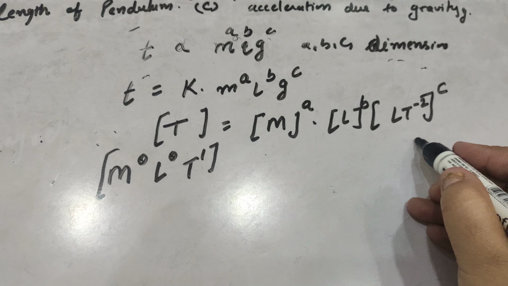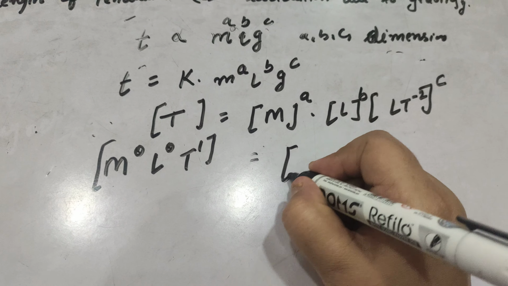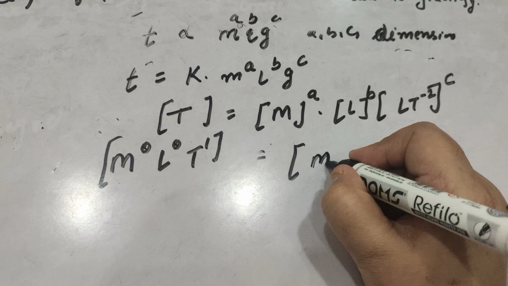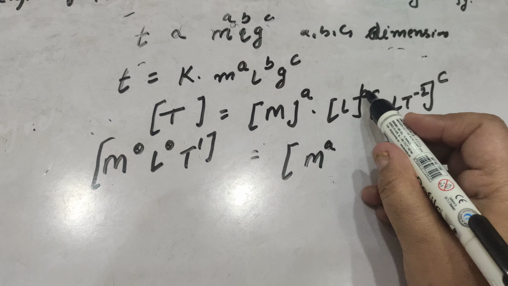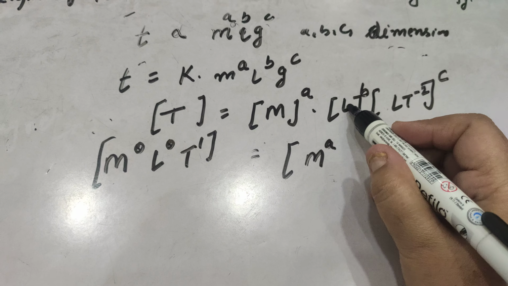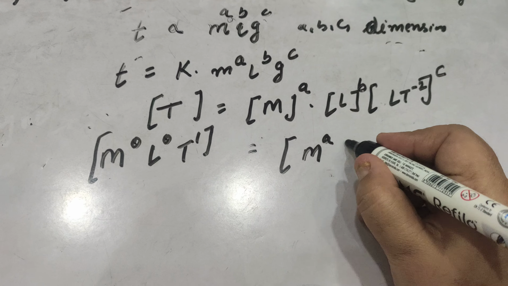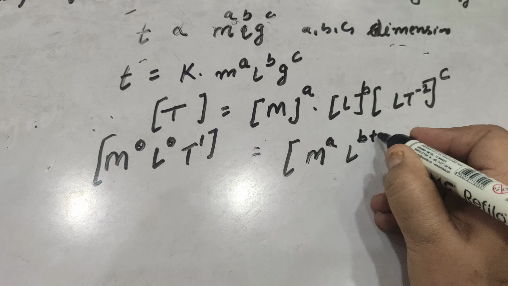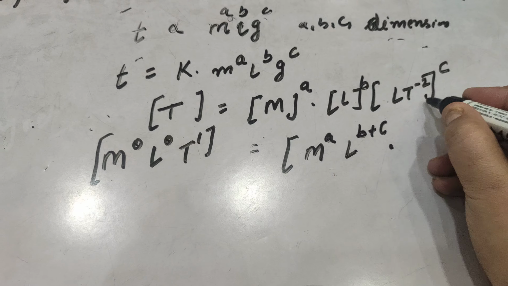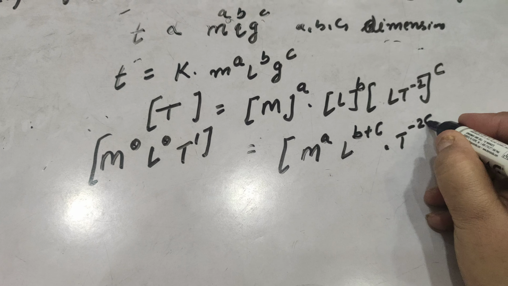Now we will combine these into one single bracket: M raised to power a, L raised to power b and L raised to power c. The bases are same, so powers will be added: L raised to power b plus c. Similarly T raised to power minus 2c.